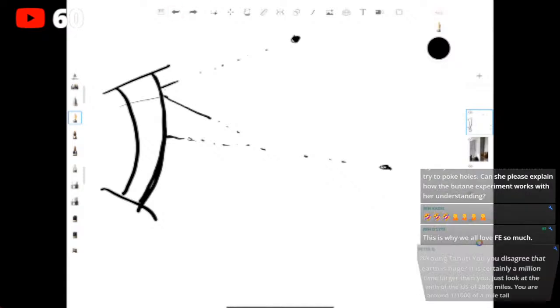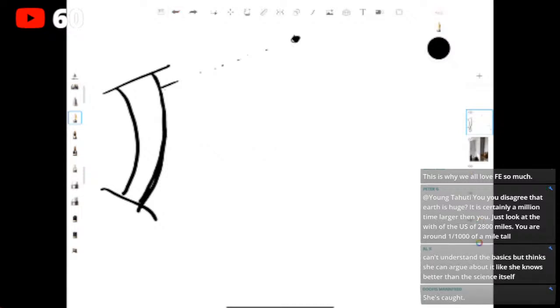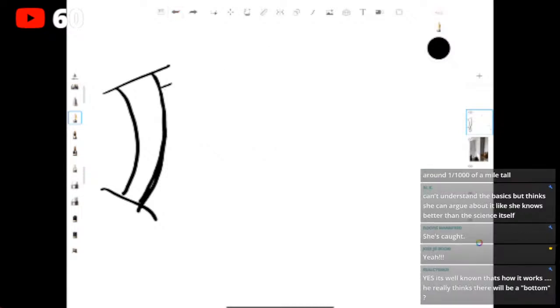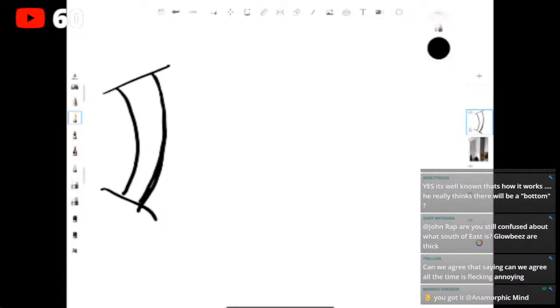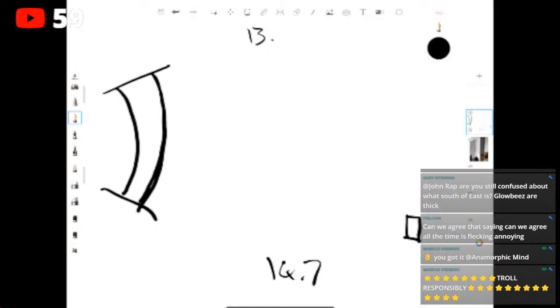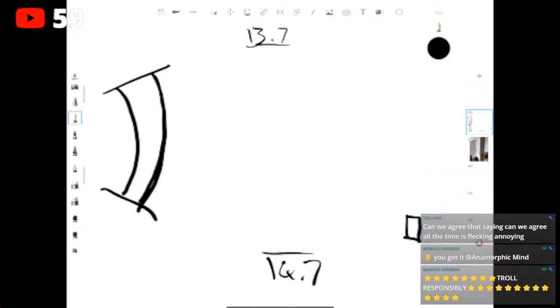Now that I've got that, can we agree that if an object is emitting omnidirectional photons, due to bounce or reflecting light, and it doesn't matter what that object is, draw anything here, that if it's bending towards the denser medium, and we've got a denser medium of 14.7 psi down here, and let's say, for the sake of argument, 13 here, because we're doing it over great distance and great elevation for some reason, just so that there's a big number difference, because there wouldn't be in reality. There wouldn't be a big number difference. There would be a density difference, but there wouldn't be a big number difference.